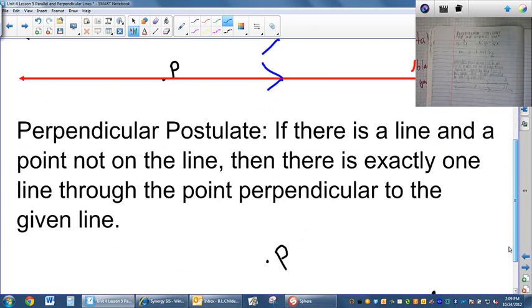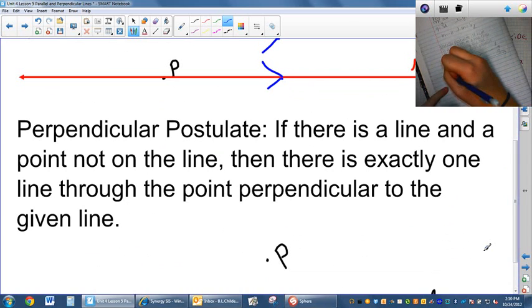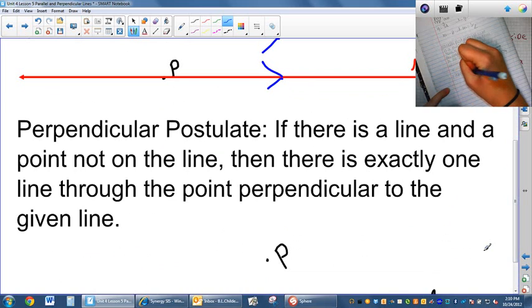All right, here's your last one. The perpendicular postulate. You can see it's in conditional statement form, it's really nice. If there is a line and a point not on that line, then there is exactly one line through the point perpendicular to the given line.